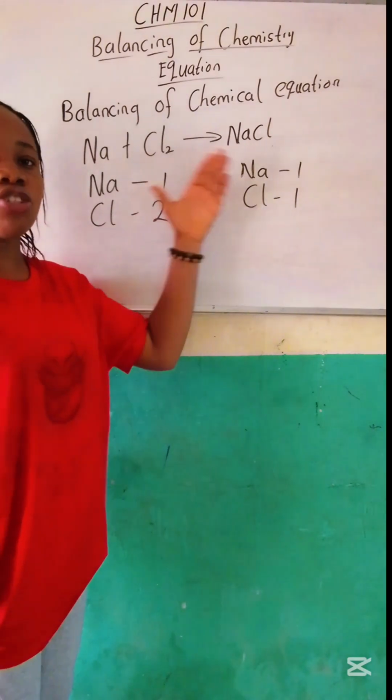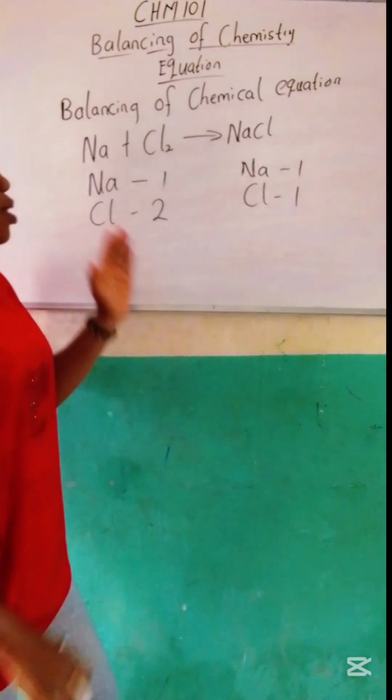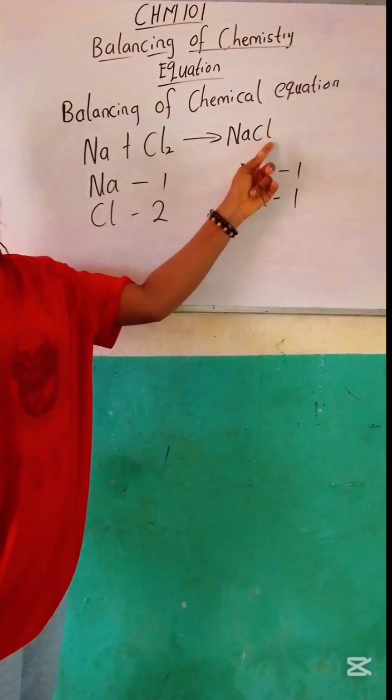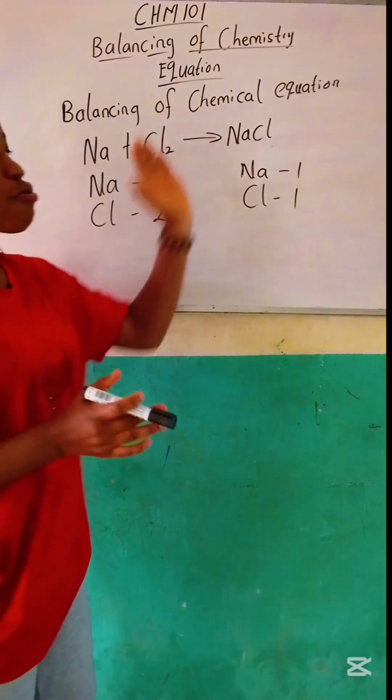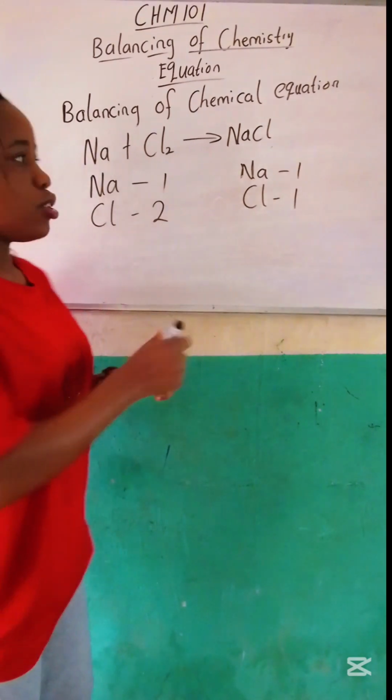The next step is to introduce coefficients where necessary. Since we have 2 here and 1 here, we have to introduce a coefficient to the one with fewer atoms.